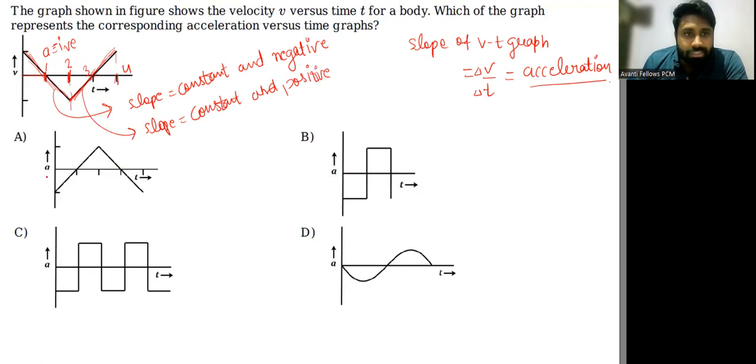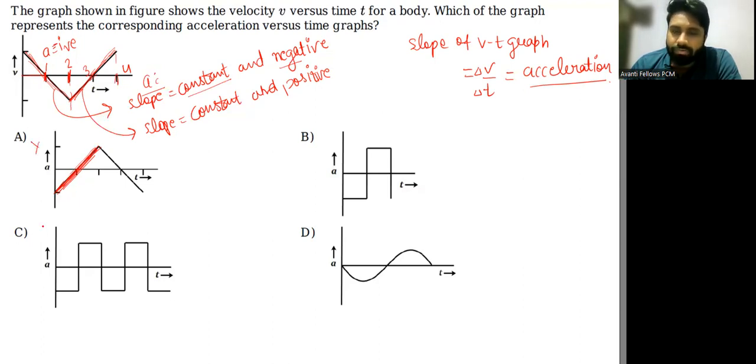So if you see in this option, the slope is constant, but this slope means acceleration. So acceleration should be constant and negative for the first two halves. Here the acceleration is increasing, which means it is not a constant quantity.